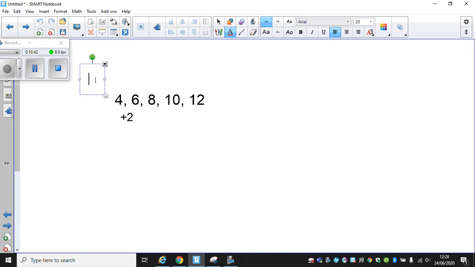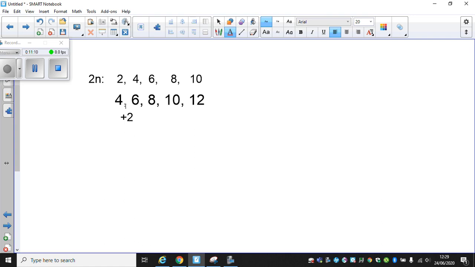That tells us that the rule has got something to do with the 2 times table, which has the rule 2n. So that 2n will give us the sequence 2, 4, 6, 8, 10. And just space it out so all my numbers line up. So that's my 2n sequence.